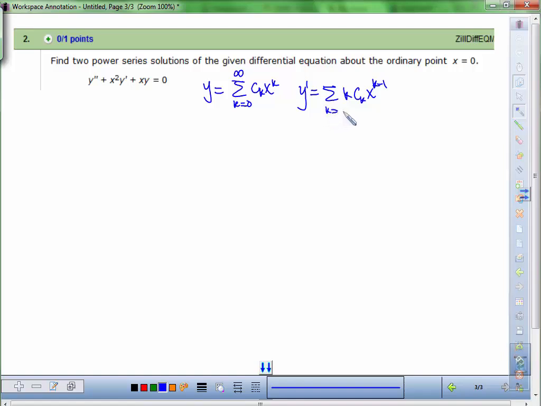K goes from, remember the shift, 1 to infinity. And then our second derivative is going to be the sum of k minus 1 ck x to the k minus 2. K goes from 2 to infinity, right?